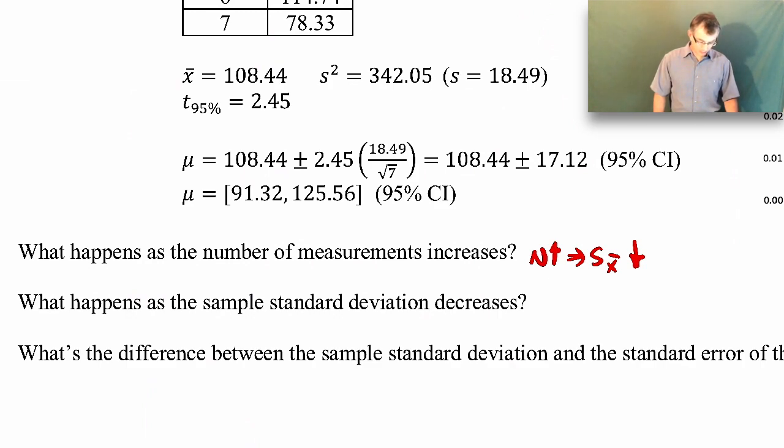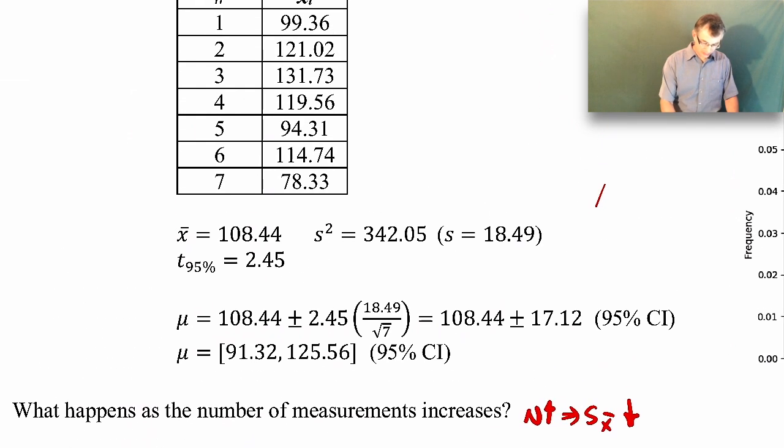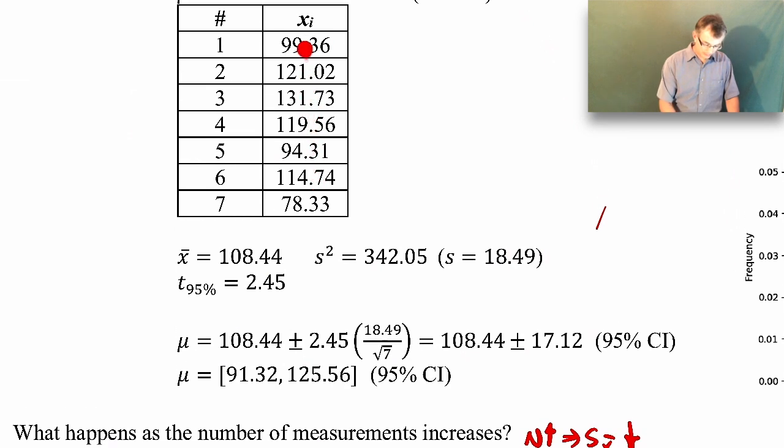What happens as the sample standard deviation increases? So this is this value here, the S, or our variance. Basically what it's saying is, what happens if the scatter in those measurements gets smaller? So they're all closer to the same value. They're not as widely spread out.